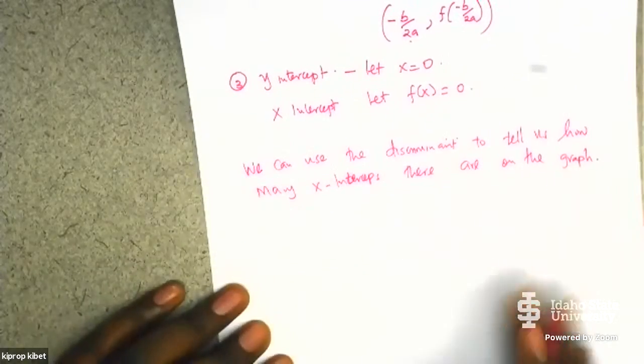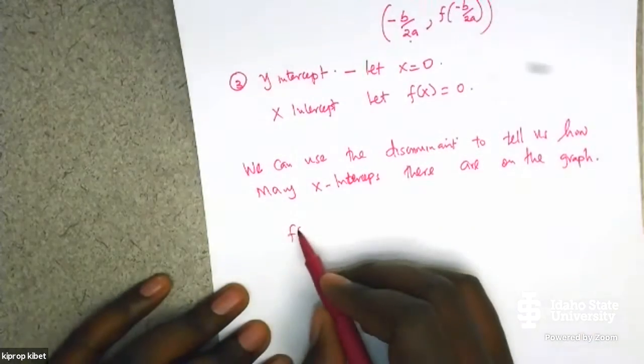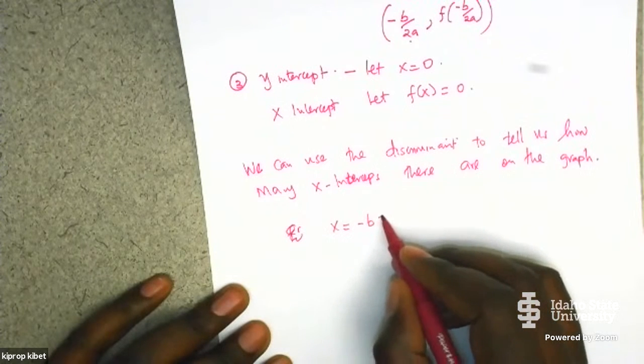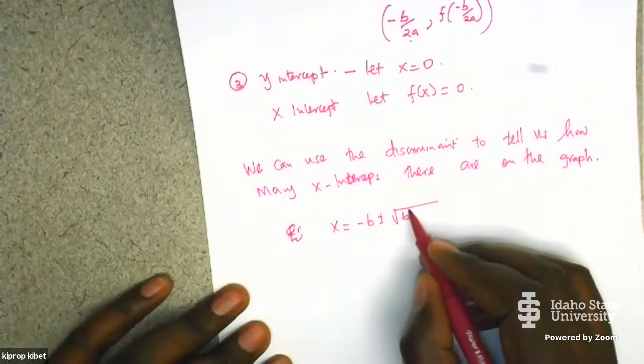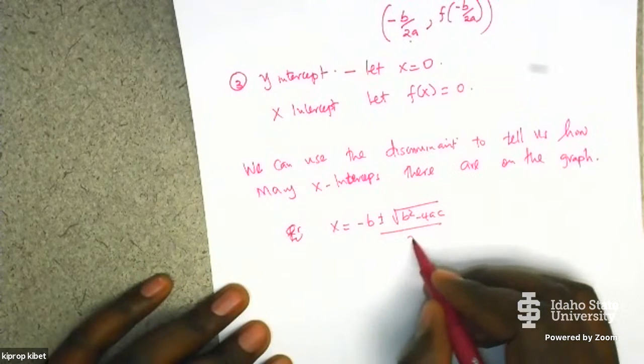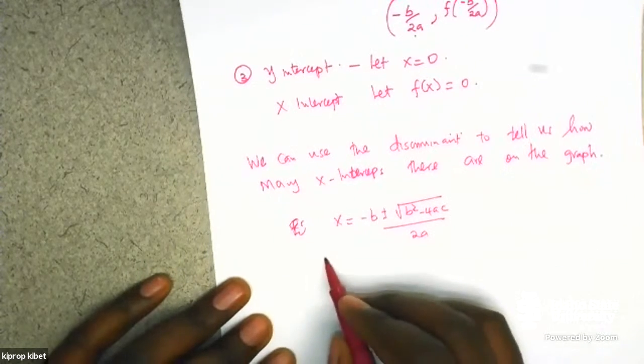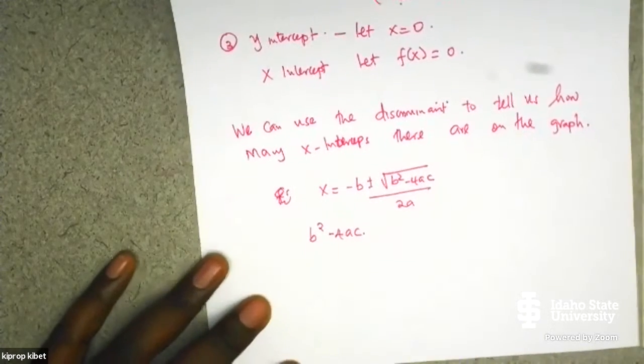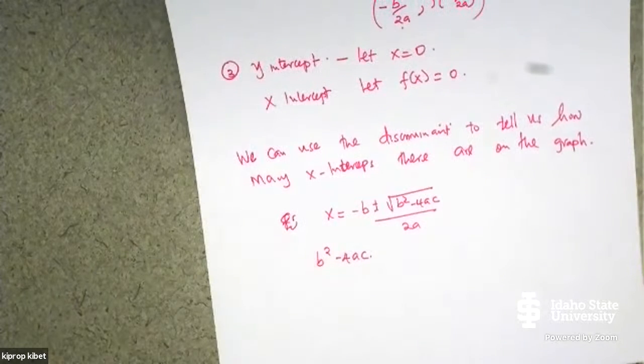If you remember, x equals minus b plus or minus the square root of b squared minus 4ac all over 2a. So we say that our discriminant is b squared minus 4ac, right? This can be used to determine the number of x-intercepts.